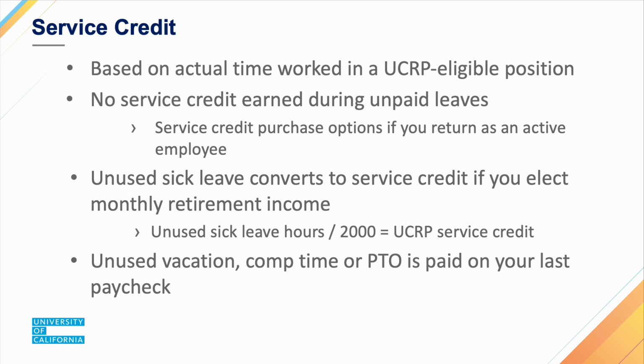Other employees, and this is subject to department approval, but based off of personnel policy as well as any collective bargaining agreement that your position may be subject to, may elect to run out some or all of the vacation leave in advance of retirement.